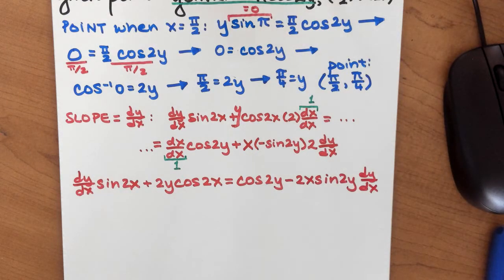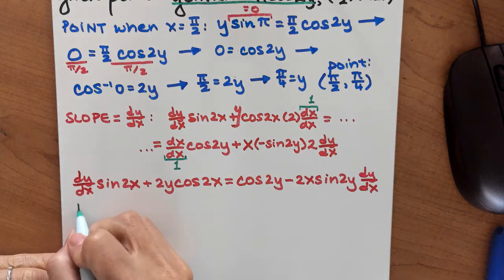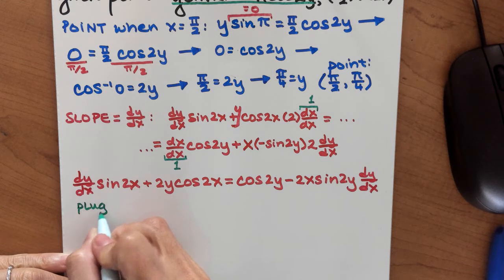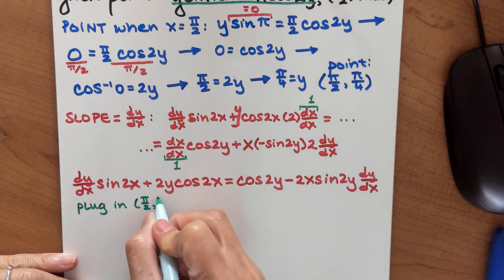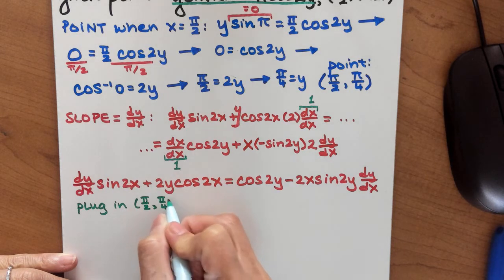Okay, there's a lot going on there. I'm going to plug in the point, pi over 2, pi over 4.